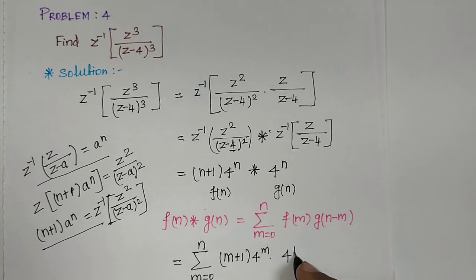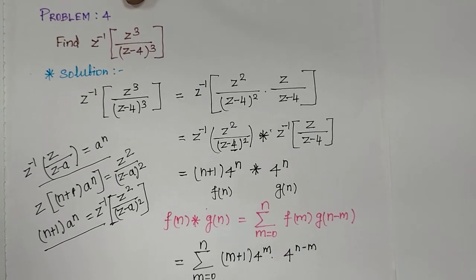So I am writing 4 power n minus m. Okay. From this, I am writing the sum of m equal to 0 to n, m plus 1 into 4 power m. This 4 power n minus m I am going to split into two terms: 4 power n as one term, 4 power minus m as another term.